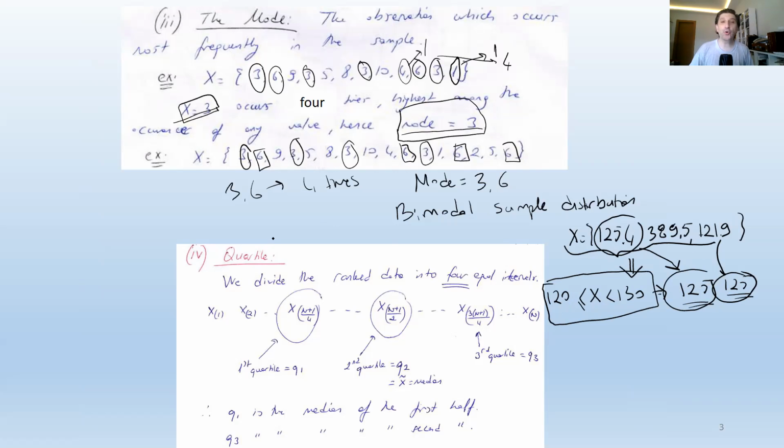And what about quartile? Quartile is also very commonly used, and it's also used by a method called box plot, which I'm going to explain at the end of the lecture. The idea is very simple. We find the medians of the medians. So we divide the rank data into 4 equal intervals. If we have 1 to n observations, you rank order them.